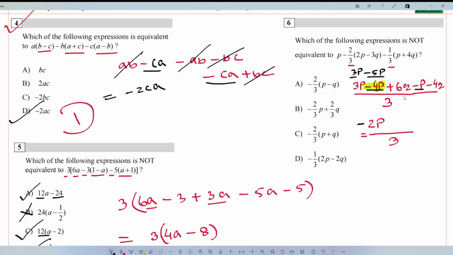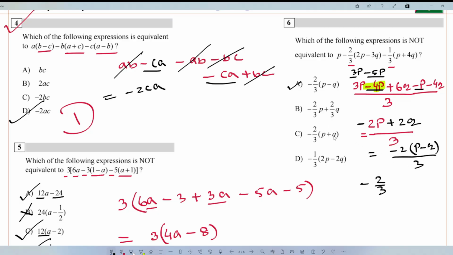Okay, and then here is 6q minus 4q, so here is plus 2q, divided by 3. So number a is okay. How? Because minus 2 divided by 3, once we take common, here is minus 2 and (p minus q) divided by 3. So number a is okay.